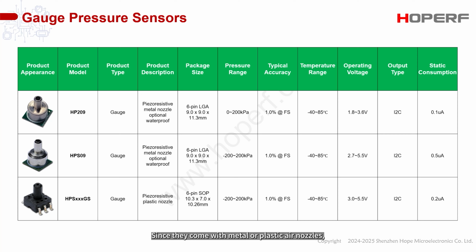Since they come with metal or plastic air nozzles, customers find them more convenient to use, and the structural design is simpler. There are multiple pressure ranges available for users to customize. Operating voltages from 3.4 V to 5 V are all supported, and they also support the digital I2C communication interface.